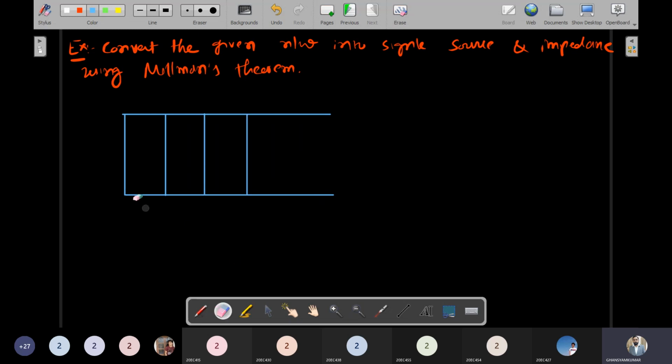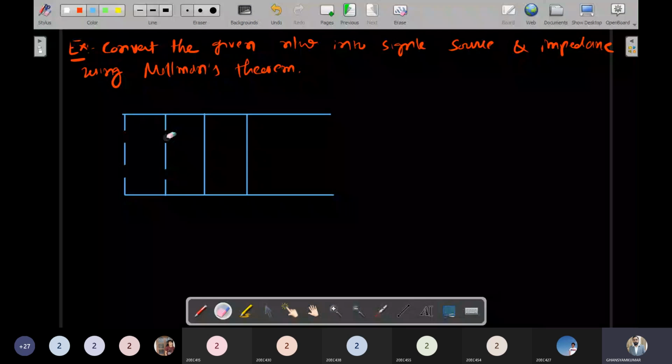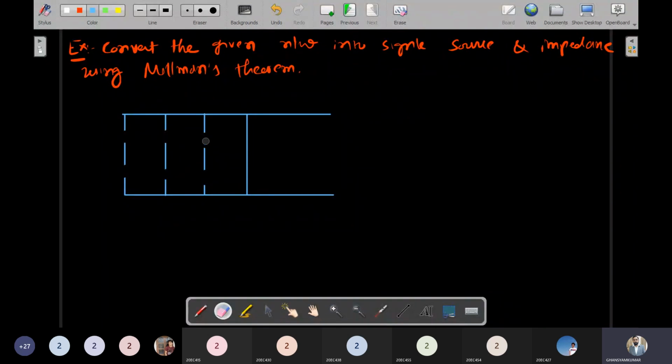I should write it this way, that this network needs to be reduced across the AB terminal. So our AB terminals are this one and this one. Let me just reduce this so we'll get more space to write.